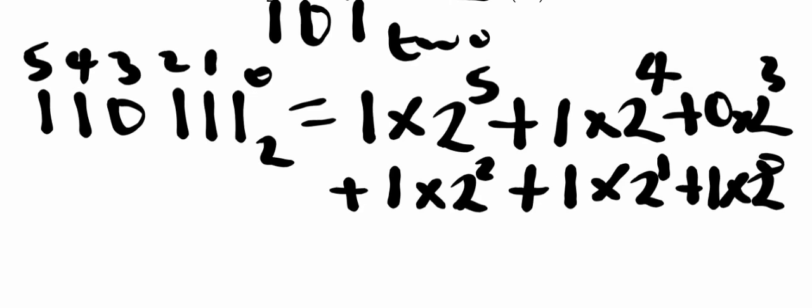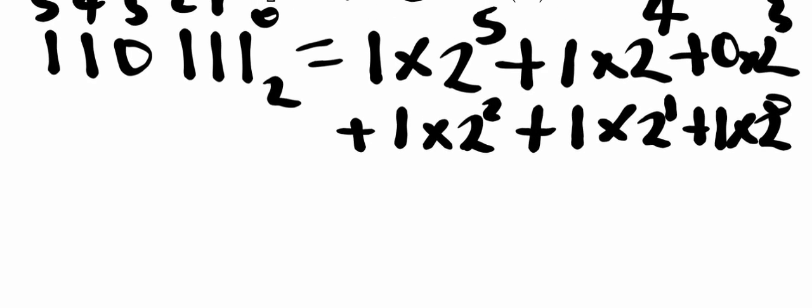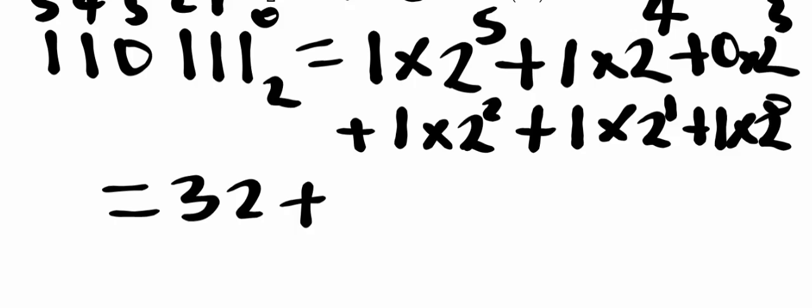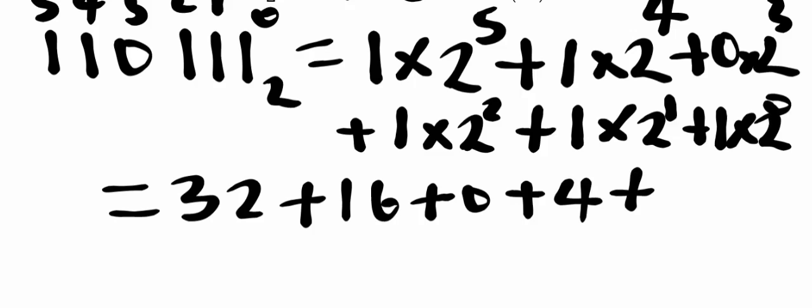So from here we can solve this further, and we have 2 raised to power 5, that's 2 in 5 places, that's 32, 32 times 1 is still 32, plus 2 raised to power 4, that's 16, plus 0 times 2 raised to power 3, that's 0, plus 0, plus 1 times 2 raised to power 2, that's 4, plus 2 raised to power 1, that's 2, plus 2 raised to power 0, that's 1.